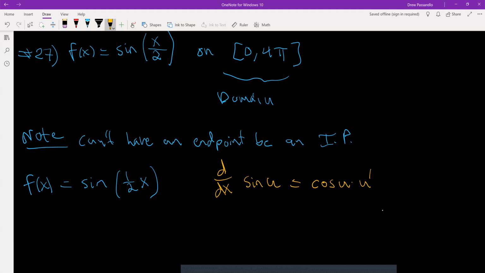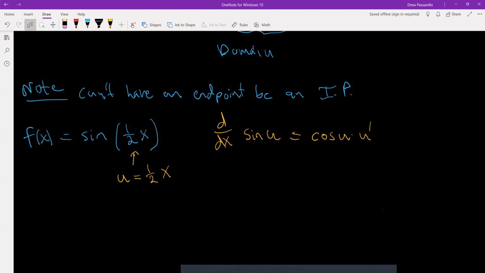In this case, u is 1/2 x. So u prime is going to be 1/2, because the derivative of x is 1. It'll be 1/2 times 1, so that's 1/2.